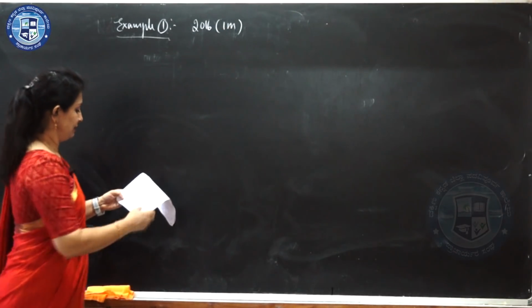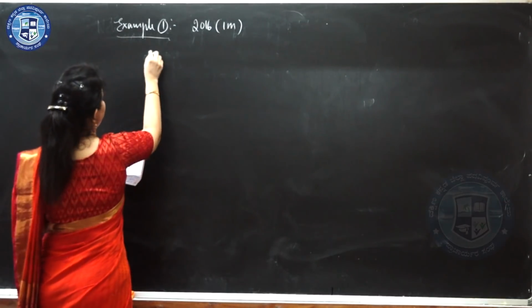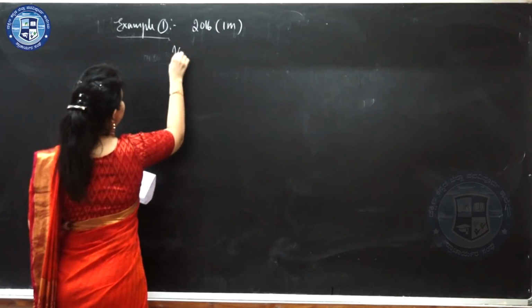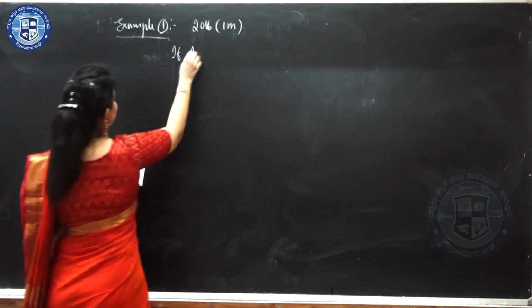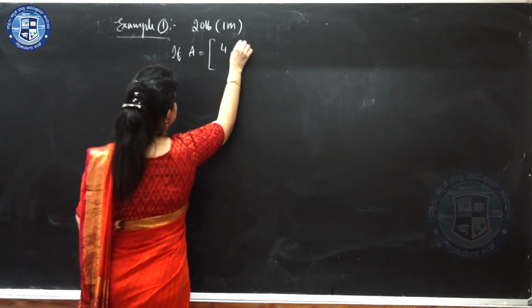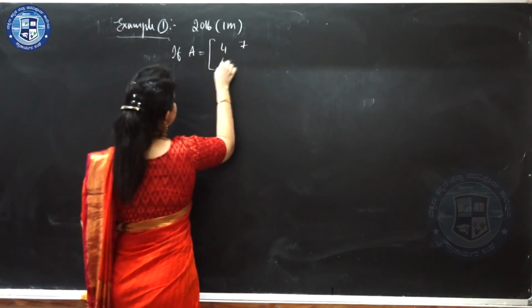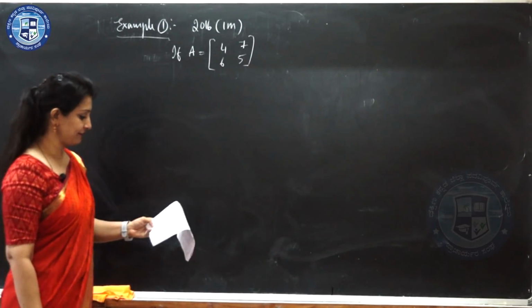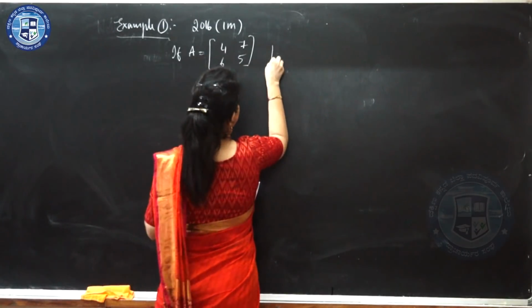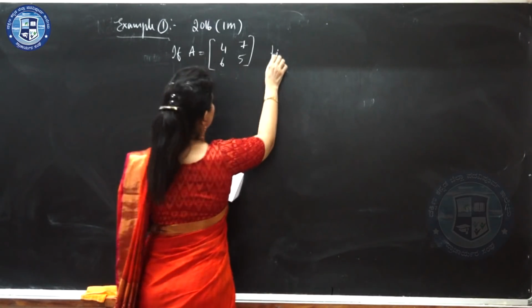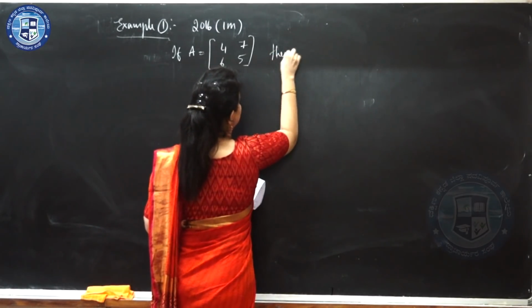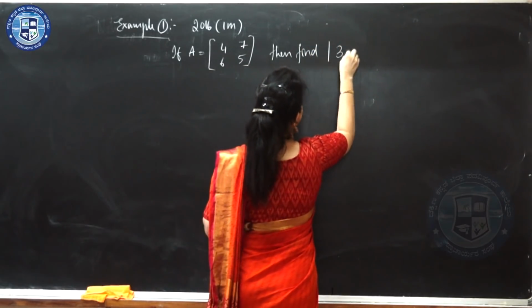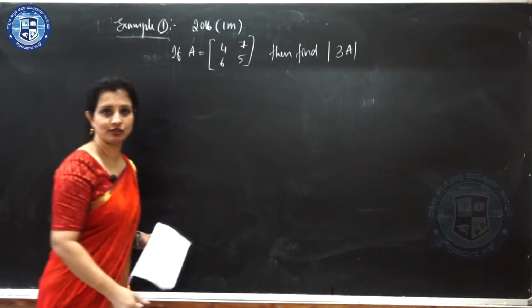Okay. So, if matrix A is equal to 4, 7, 6, 5, then find the determinant of 3A. 1 mark question.